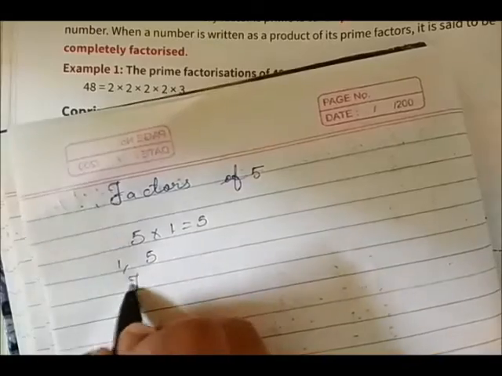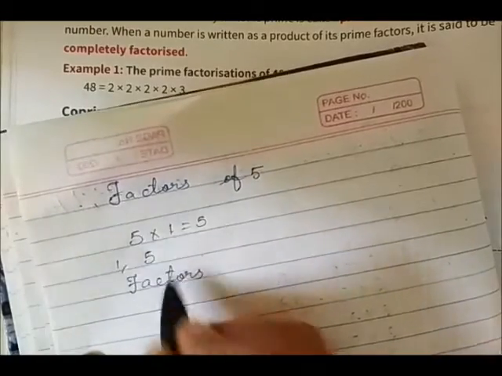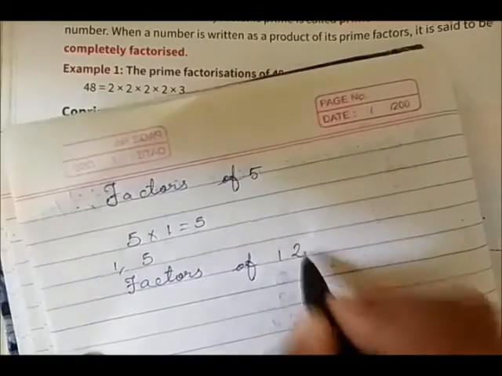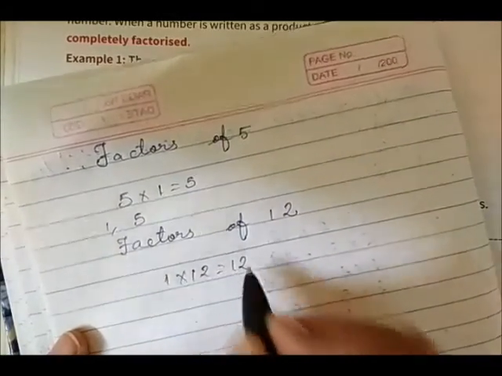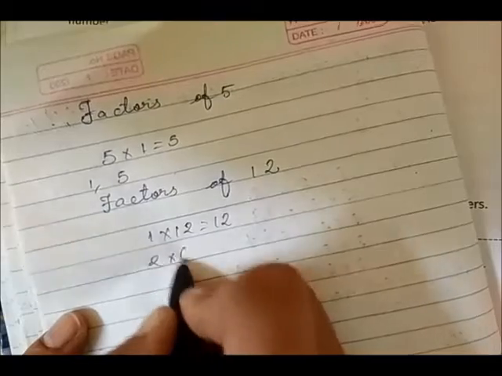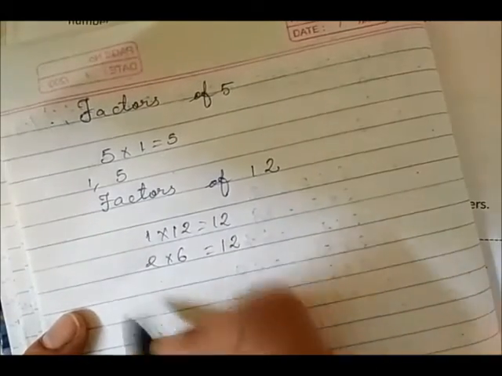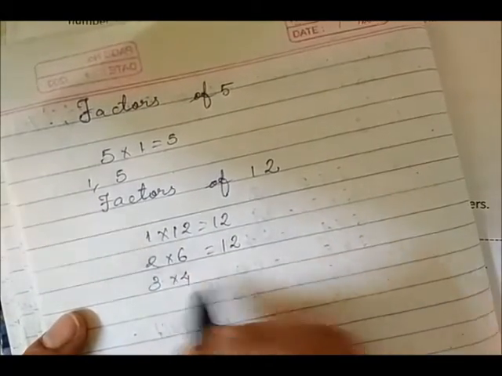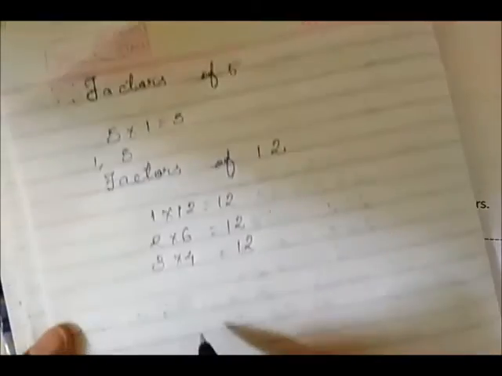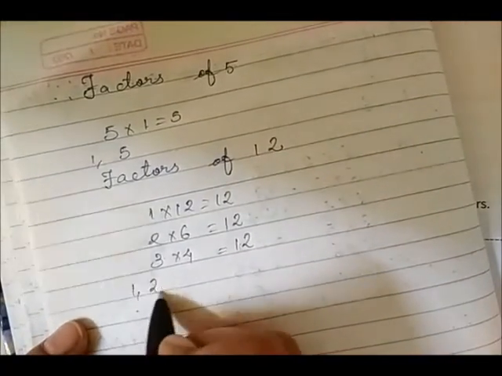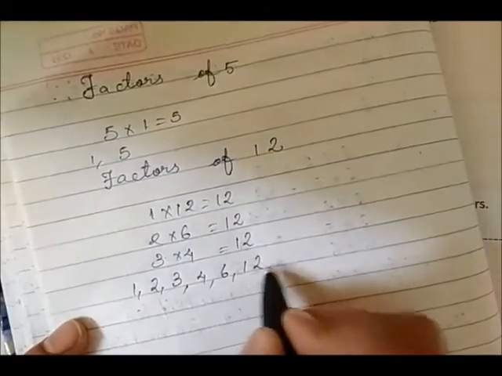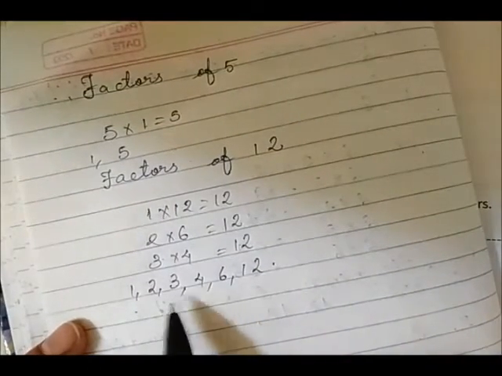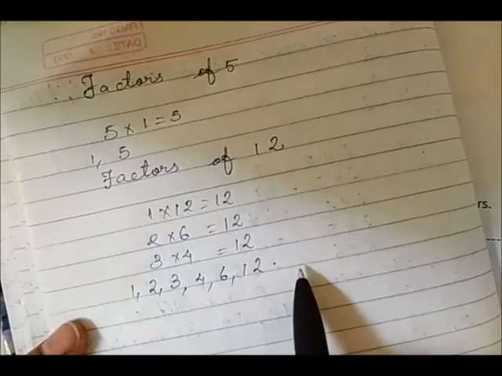Next, factors of 12. 1 into 12 is 12, 2 into 6 is also 12 and 3 into 4 is also 12. So here the factors are 1, 2, 3, 4, 6 and 12.